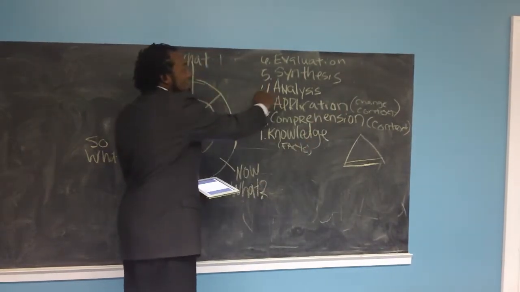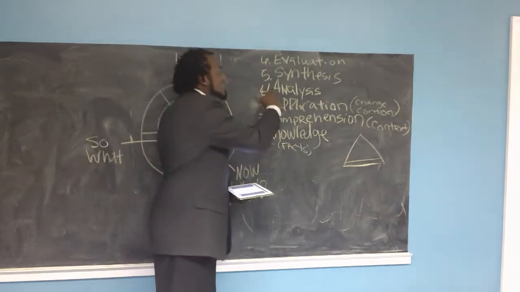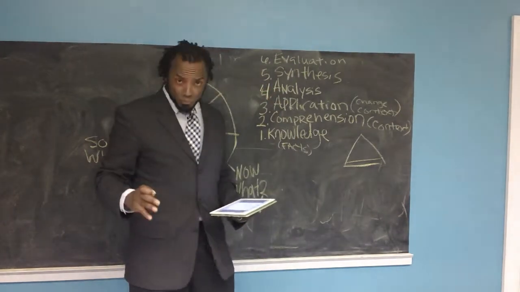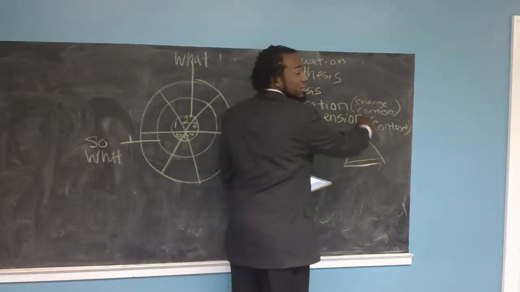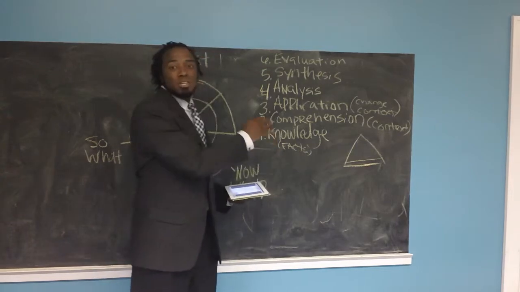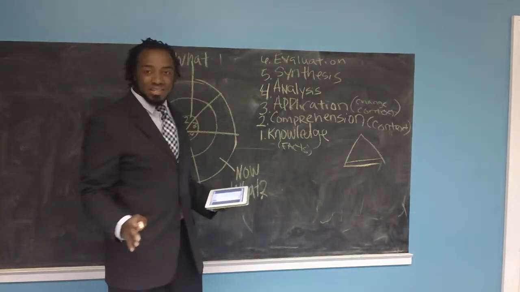And then analysis is the fourth level of Bloom's taxonomy. And basically what he's suggesting is that people need to be able to critically analyze the change in context and what facts need to be added, taken away, be critical about that analysis.